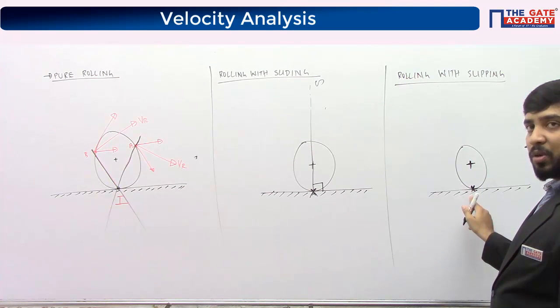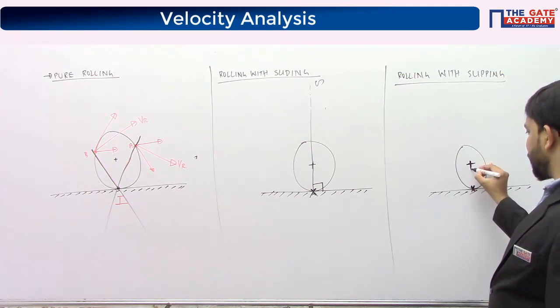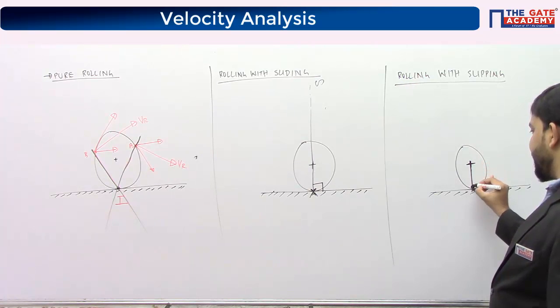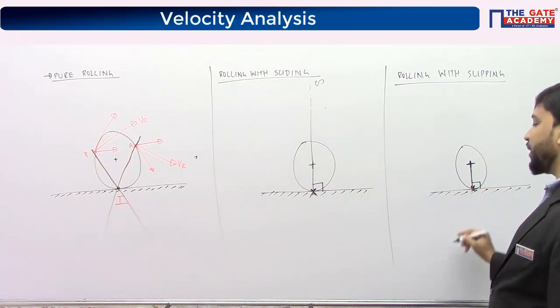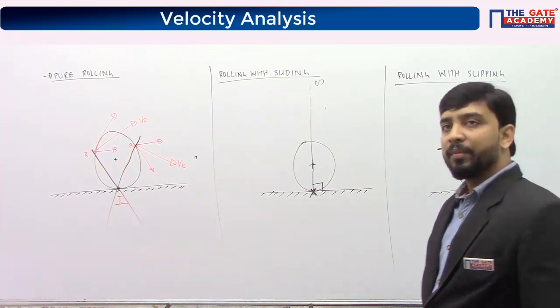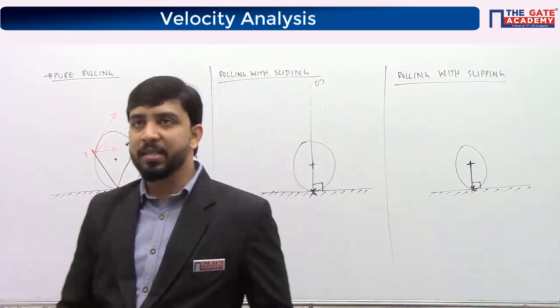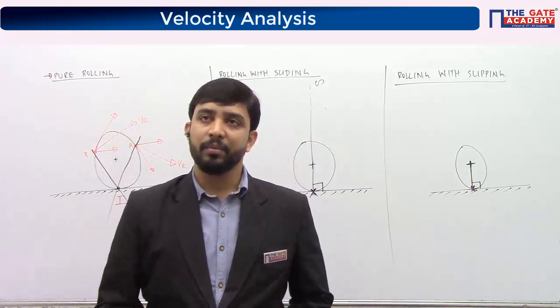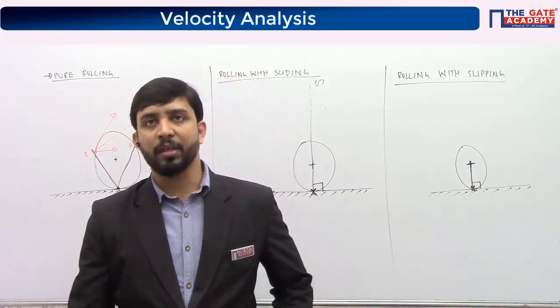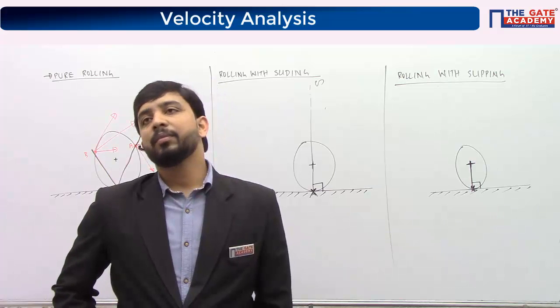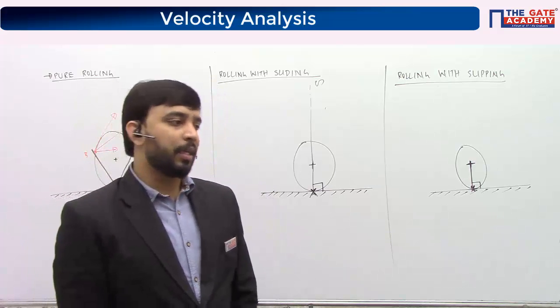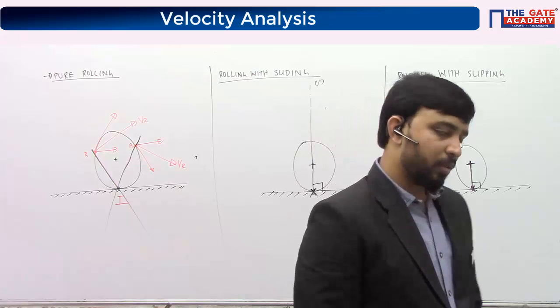Whenever the disk is rolling, it lies here. So we say for rolling with slipping, the I center lies somewhere along the radial line at the point of contact.